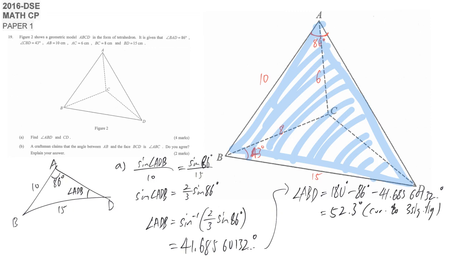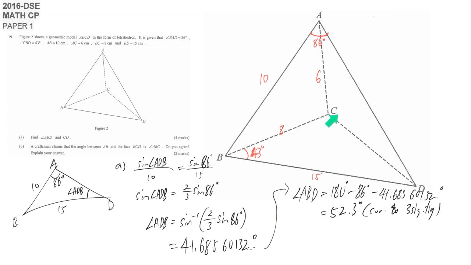Now we look at CD. CD is not on this plane. For line CD, you have 2 choices about the plane, and we are going to make a decision which plane we should use. The first choice is triangle ACD, this surface.